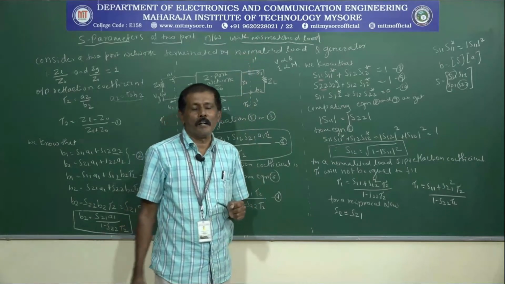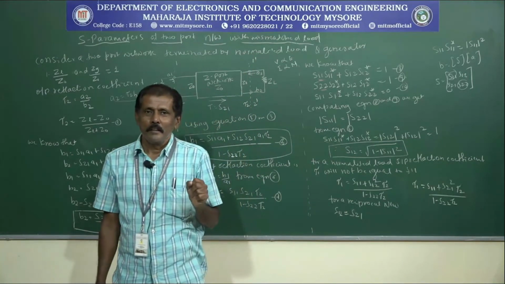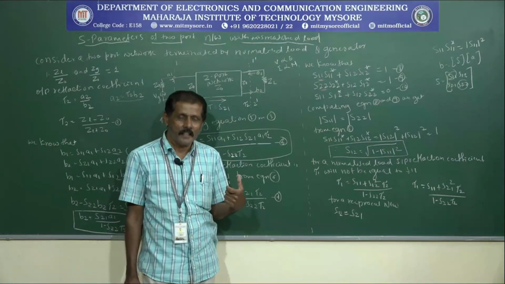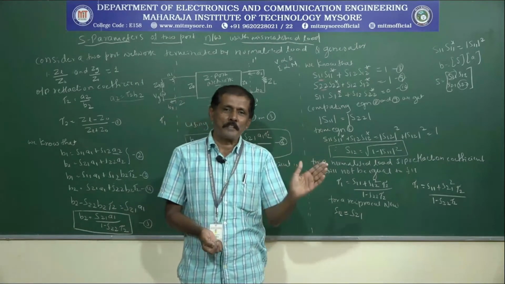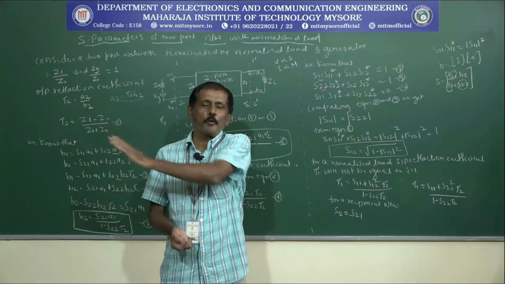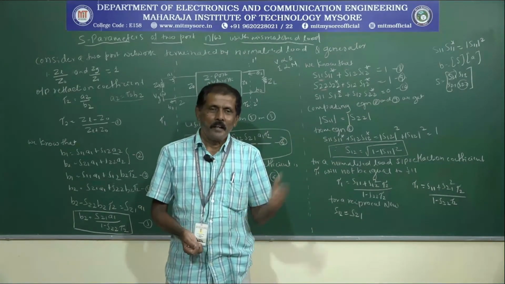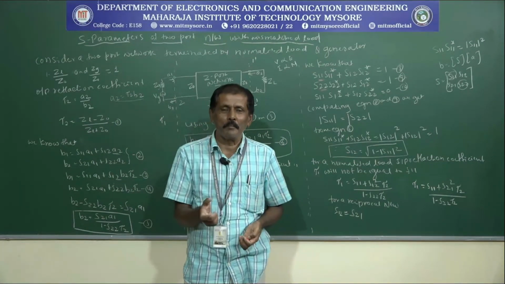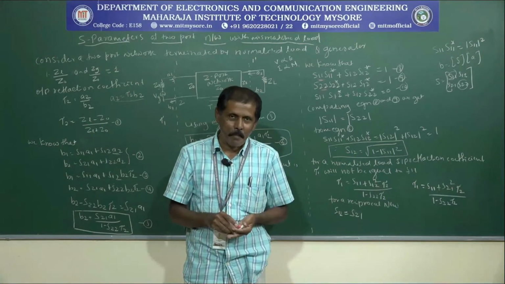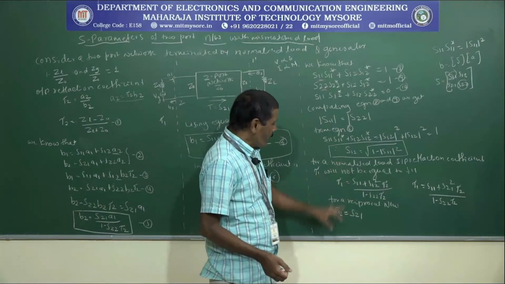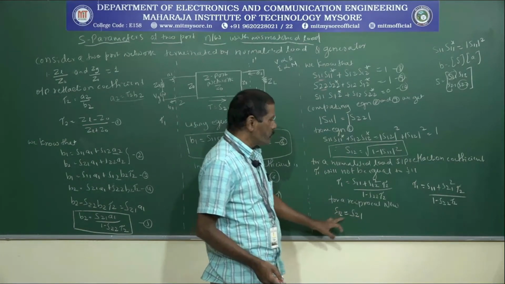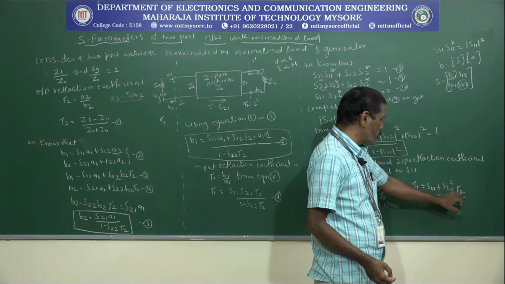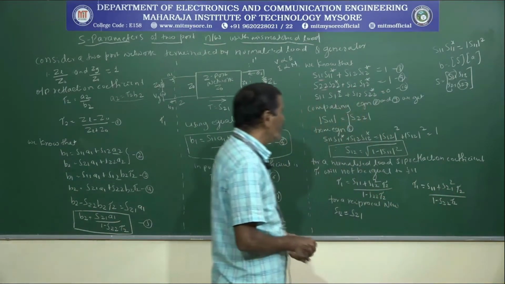And as the network is reciprocal, as you studied the reciprocal property in the previous class, what it says is that any parameters you measure from input to output or output to input, from the sending end to the receiving end and from the receiving end to the sending end, are the same. Therefore, S12 is equal to S21. So we will write tau 1 equals S11 plus S21 square into tau 2 divided by 1 minus S22 into tau 2.